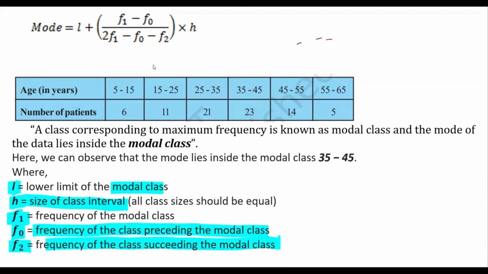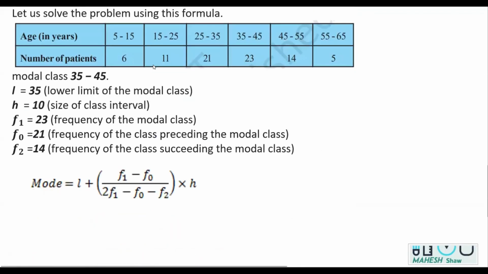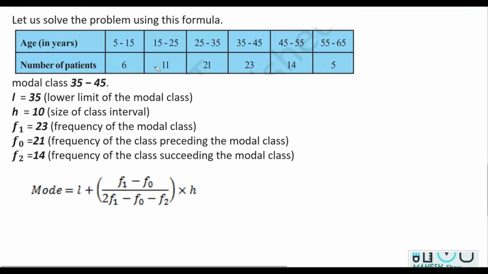Now, once we have ascertained these things, let's do a question based on this. Let's recall the modal class: the class having the highest frequency. Next we need to find L, the lower limit of the modal class, which is 35.